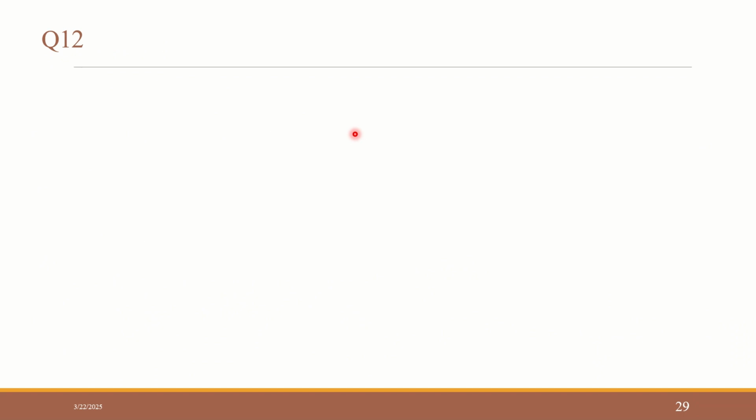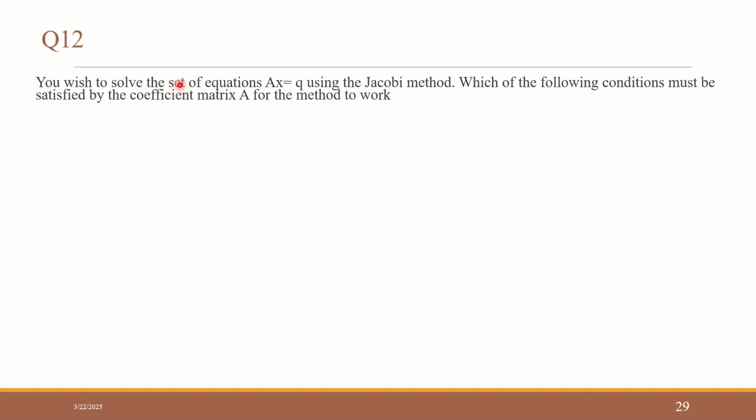Now we will go to question 12. In question 12, you wish to solve a set of equations Ax is equal to Q using the Jacobi method.